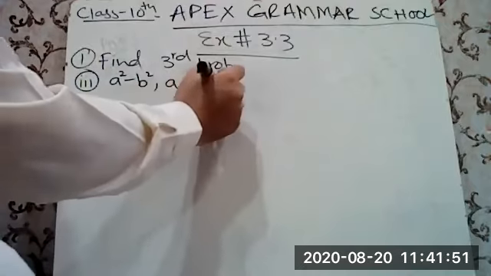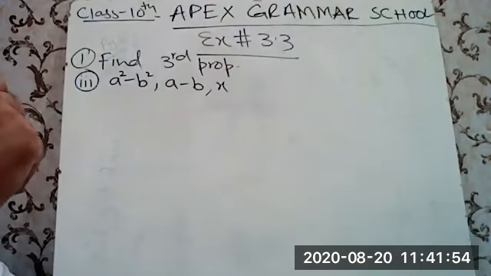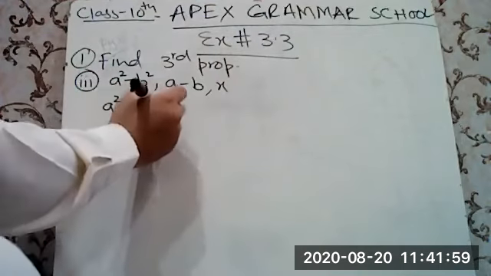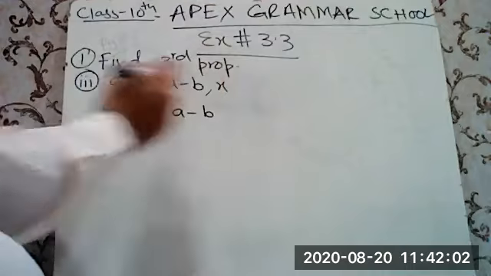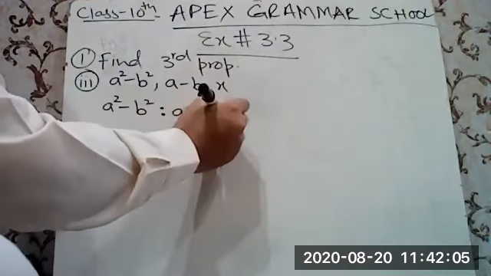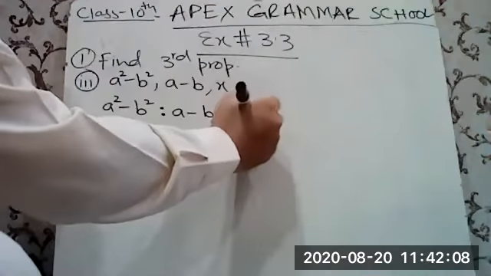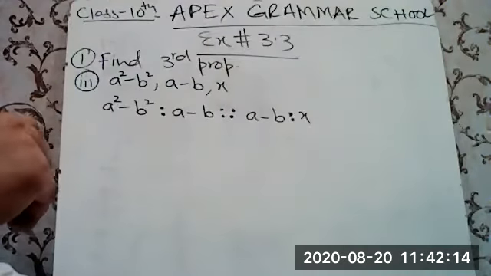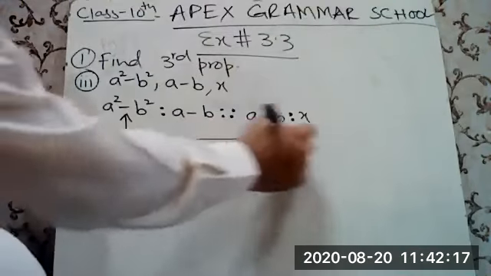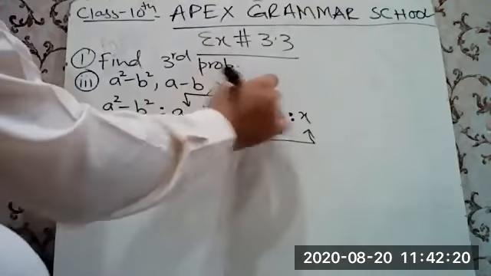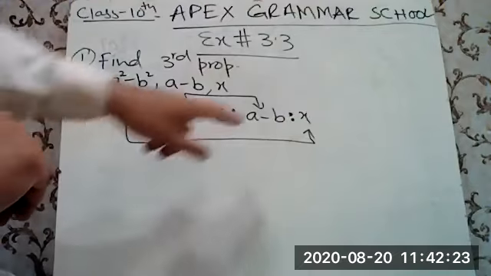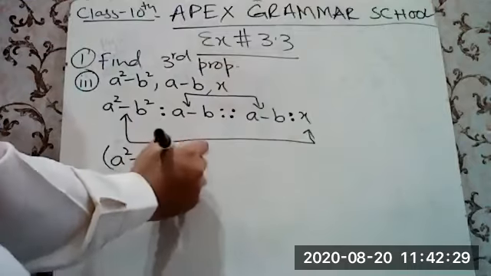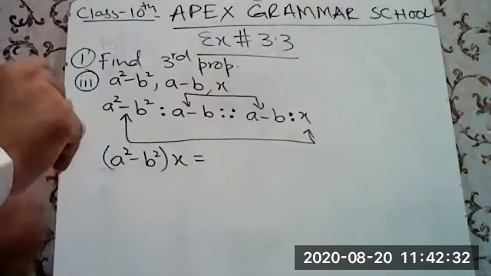So the third proportion will be x here, and now you can easily write it: a square minus b square ratio a minus b, then proportion, then again repeat a minus b, and then ratio x. These are extremes and these are means. a square minus b square multiplied by x is equal to a minus b multiplied by a minus b.